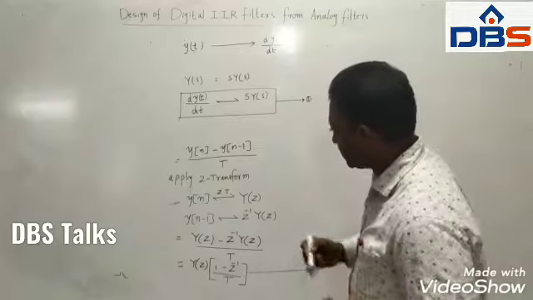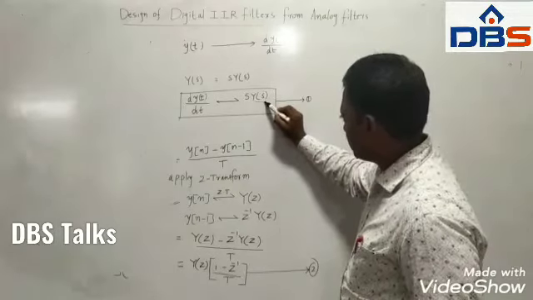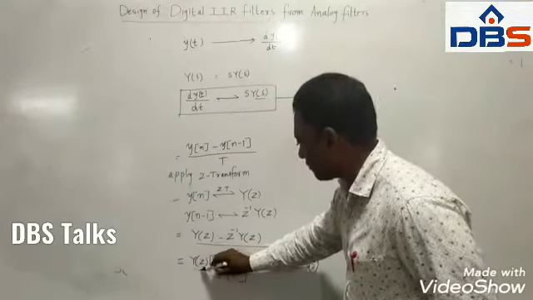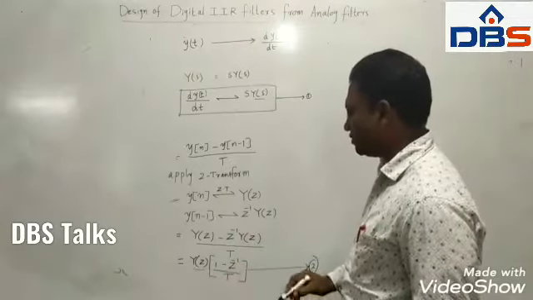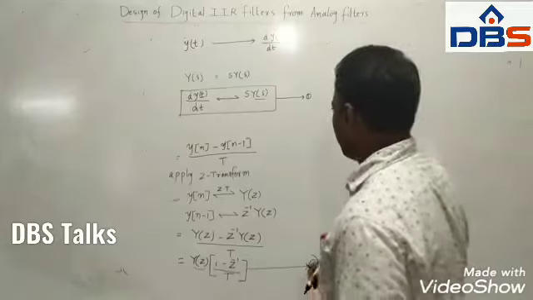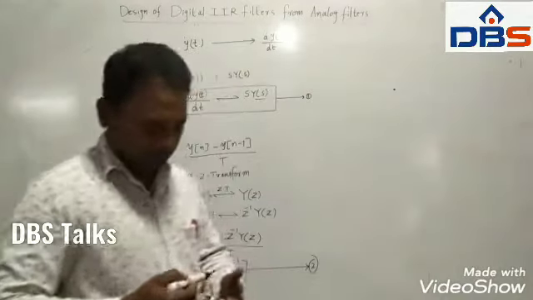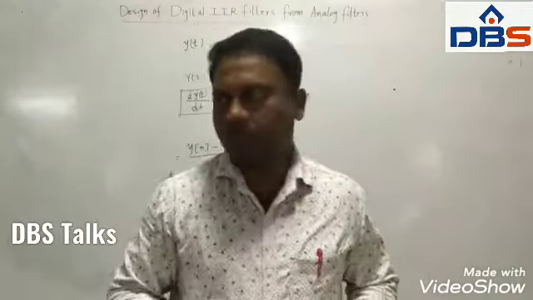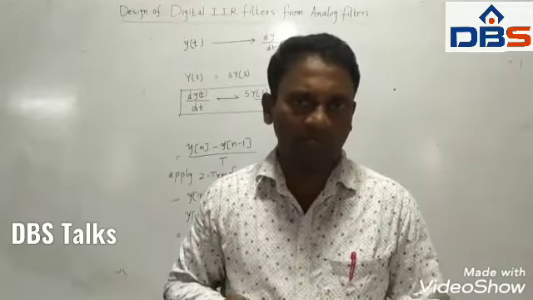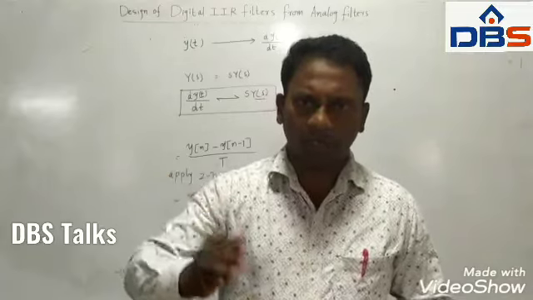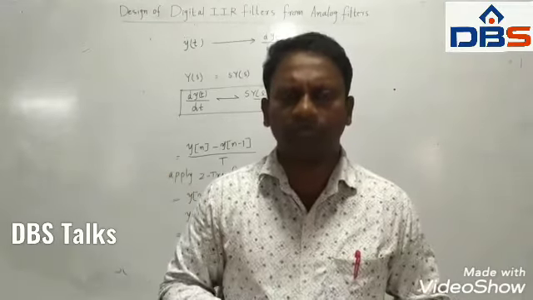If we compare, in the place of Y(s), exactly Y(z) is there. In the place of s, you will have 1 minus z inverse by T. So if you want to convert an analog filter into a digital filter, this is the substitution.